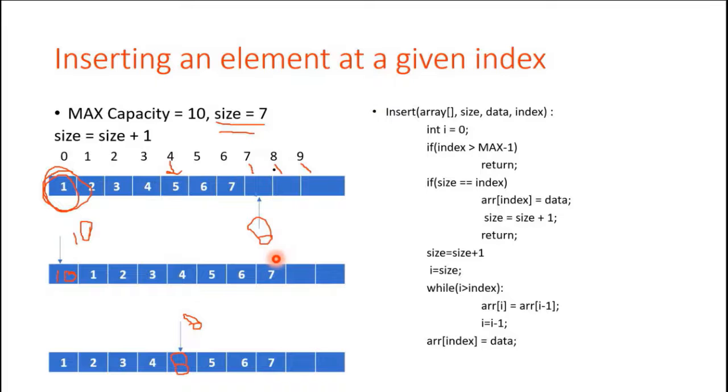Here in this case the index is 0, but the size is 7, so i will be 7, and we shift all the elements.